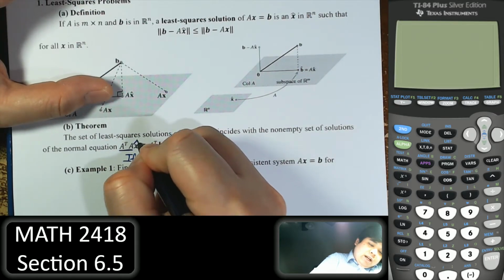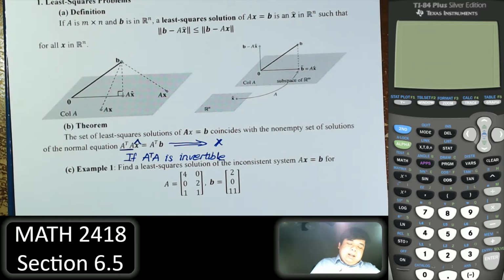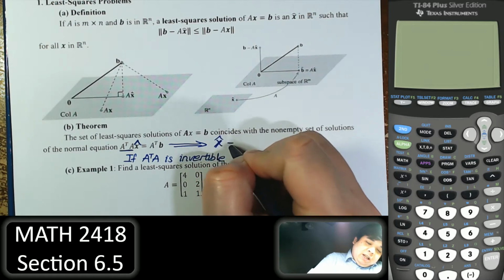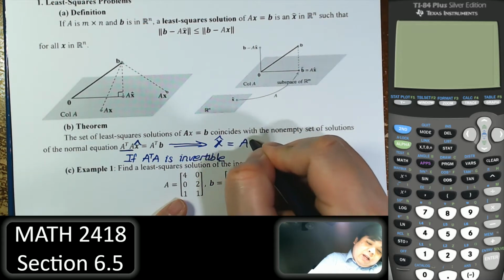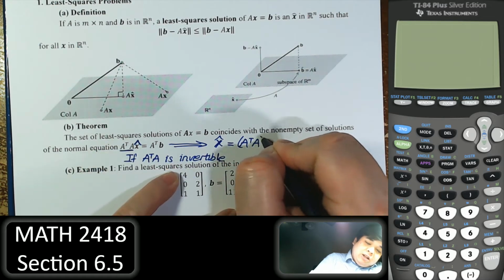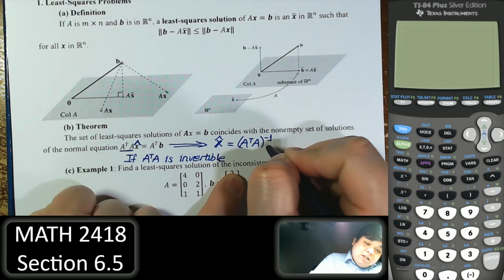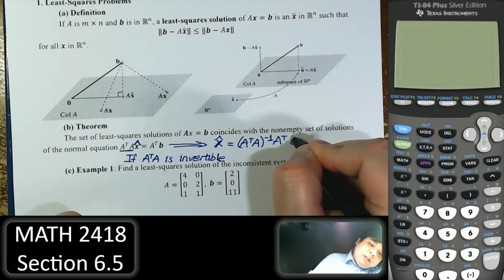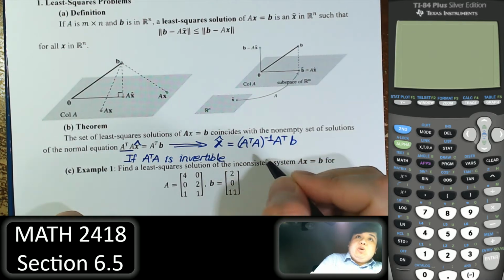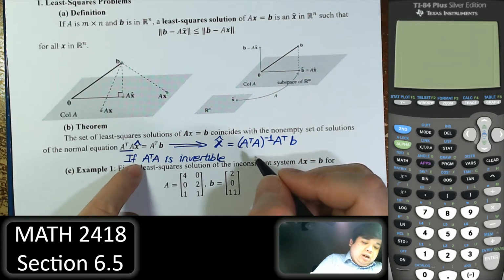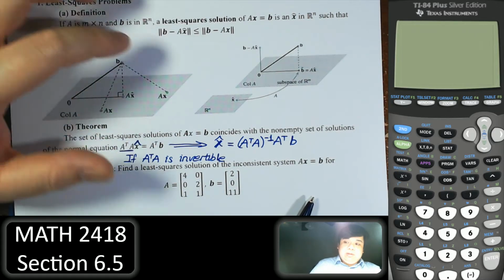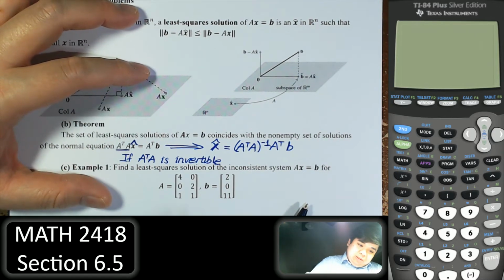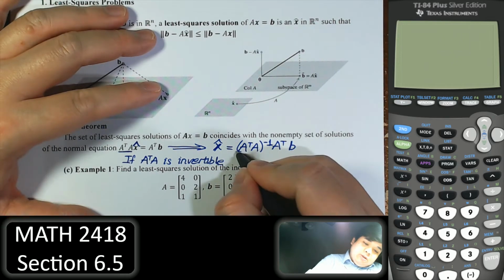Sorry, this would be x hat, I forgot the hat here. So x hat equal to the inverse of A transpose A times A transpose B, and this is called the pseudo inverse of the matrix A, if this is invertible.